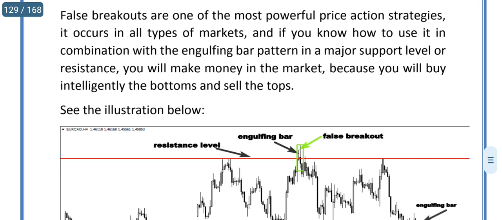If you know how to use such breakouts in combination with the engulfing bar candlestick pattern at the major support or resistance level, I promise you, you will make a lot of money in the market, because you will buy the bottoms and sell the tops intelligently, in the case of a bearish engulfing bar pattern forming in the uptrend.